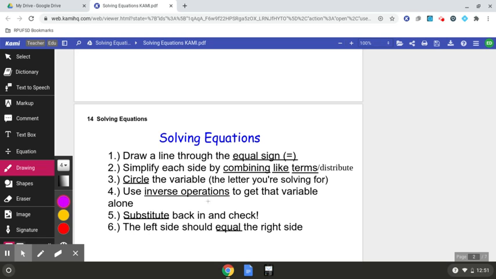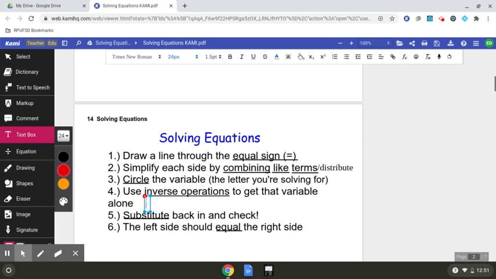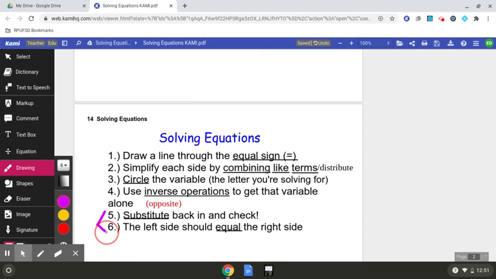And then use your inverse operations. Another word for inverse would be opposite, which is what I wrote down on the first do now part here. Okay, then of course you can most certainly substitute and check to make sure that your work is correct. And when you're done, the left side of your equation should equal the right side.